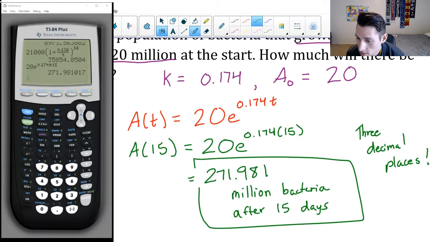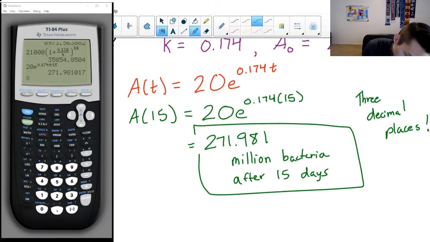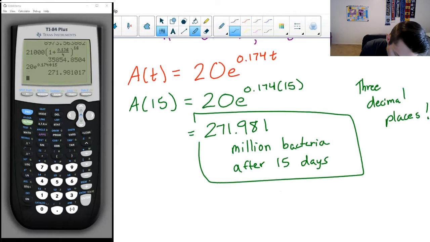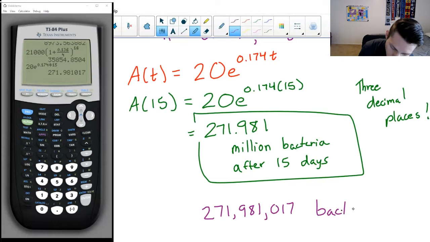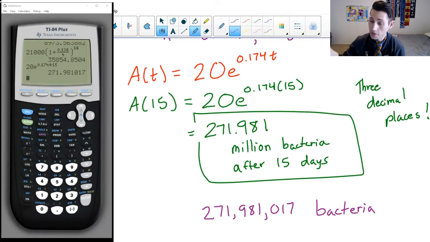Can we say 271,981,017? So Matthew, you can say that, but if you wanted to write that out as your answer, then the units you would put on it are just bacteria, because you're already writing out the millions.